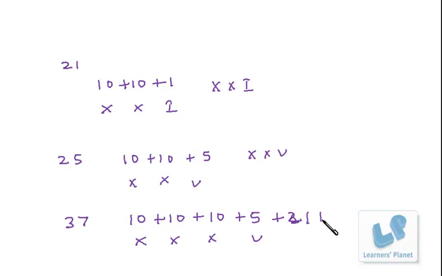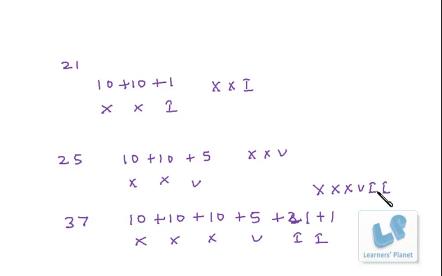In fact, we have to write it as 1 plus 1 because we don't have the direct representation of 2 in Roman numeral. So it's I and it's I. Okay, so the complete number is XXXVII.